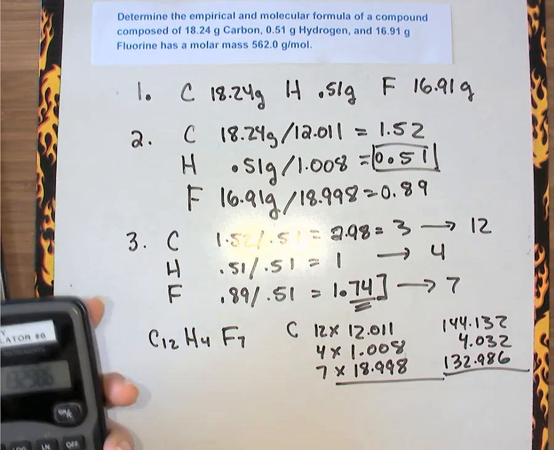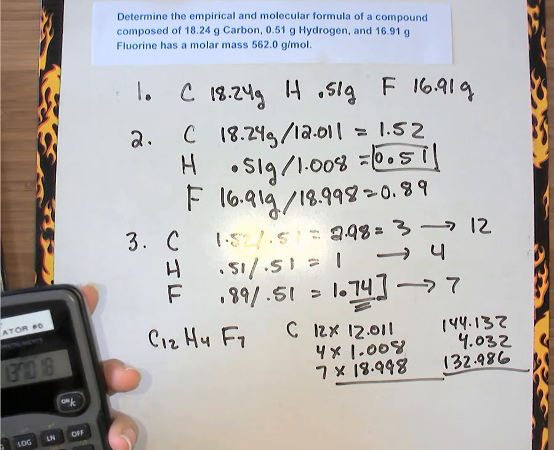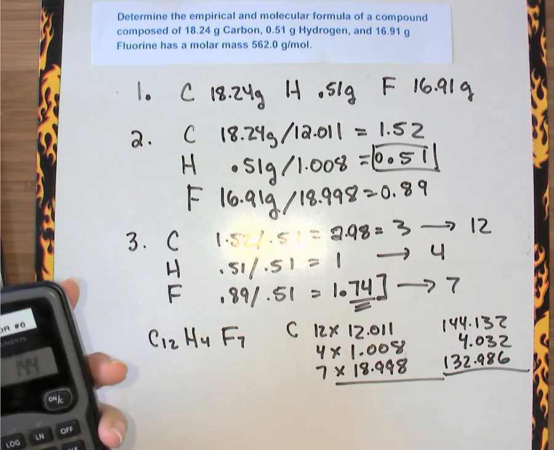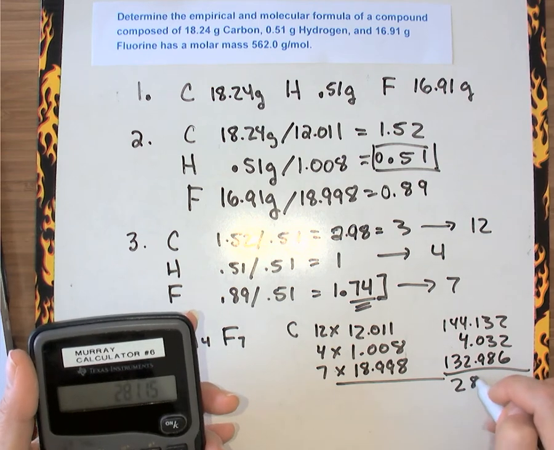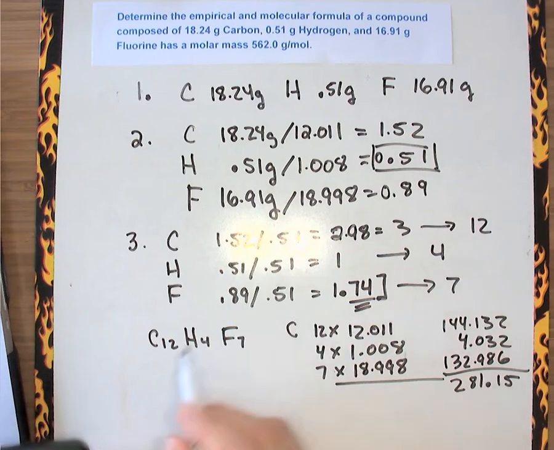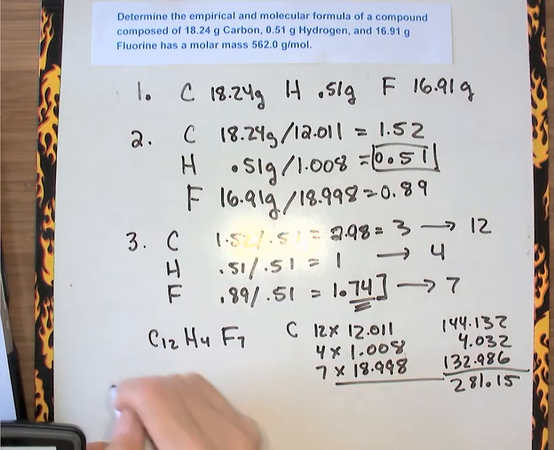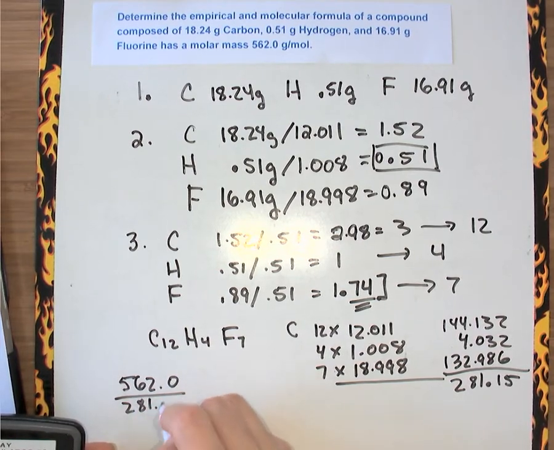Okay, we add these all together. I get 281.15. Then I take my molecular mass given in the problem, 562.0 over 281.15.